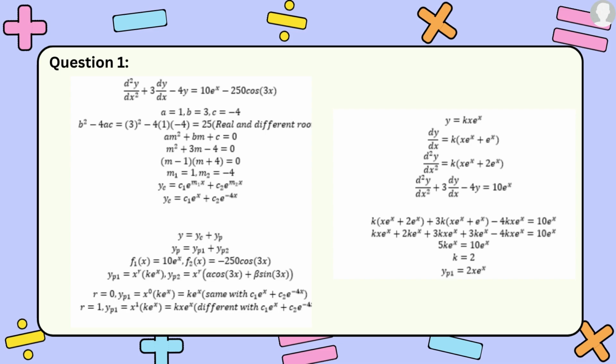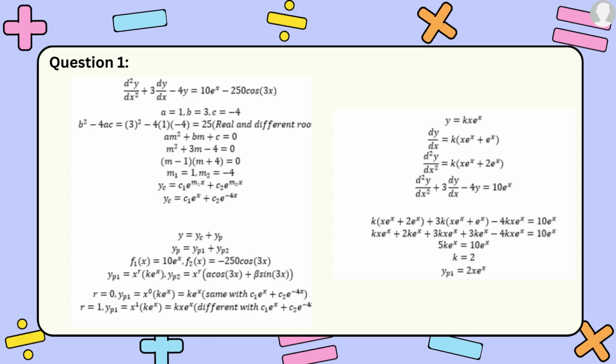We follow the equation, so we will get m² + 3m - 4 = 0. Then we get (m - 1)(m + 4) = 0. So m1 equals 1 and m2 equals -4.